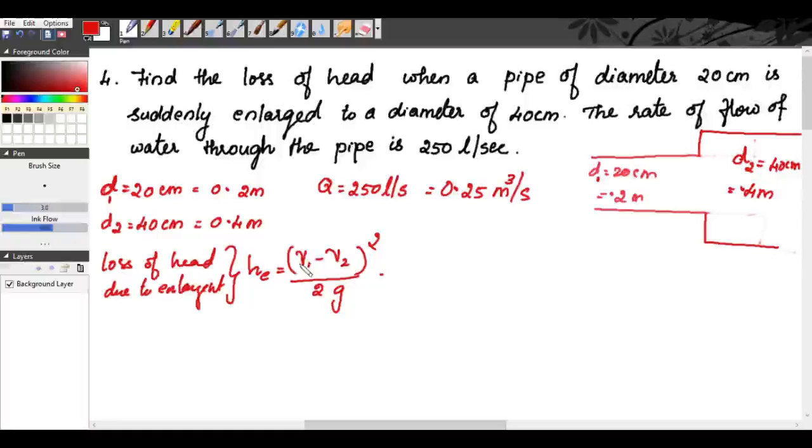So now we need to find what is V1 and what is V2. For that we will apply the continuity equation. We will take this as section 1, this as section 2.